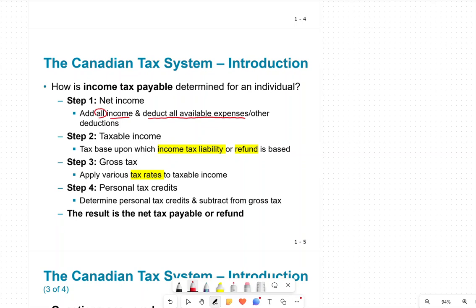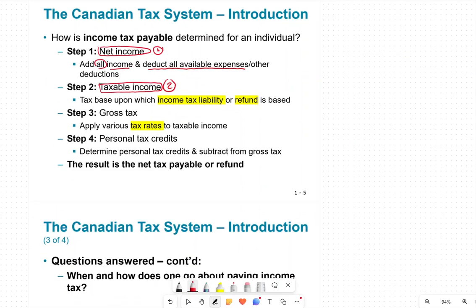Then my second step is to calculate the taxable income. The first step was to calculate the net income, and the second step is to calculate the taxable income. Your tax liability depends on your tax payable. Either you pay the government or you get a refund at the end of the year.